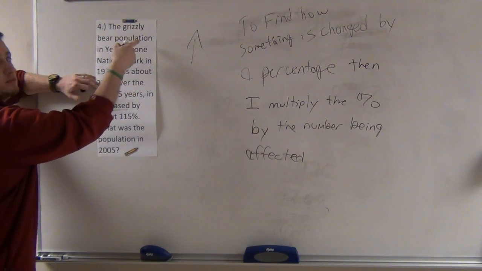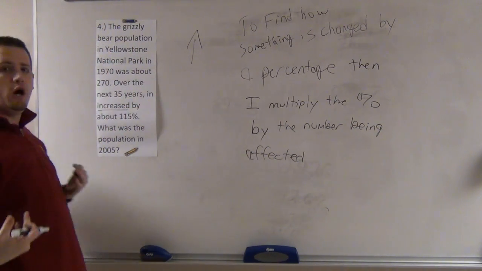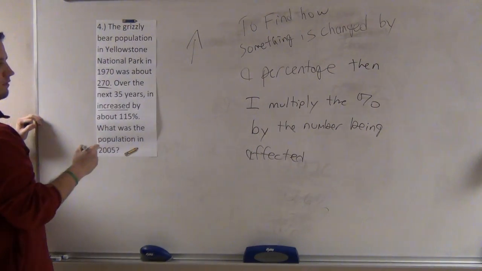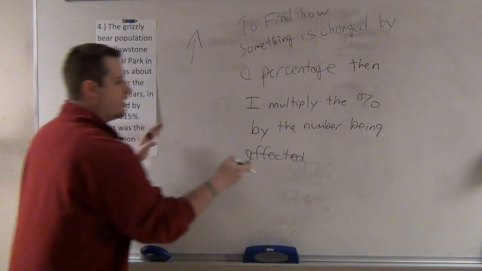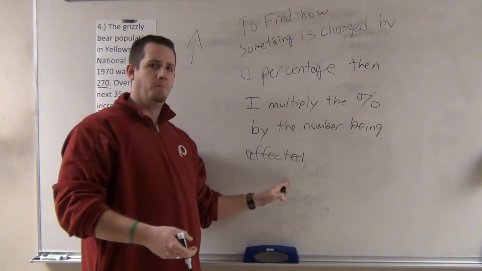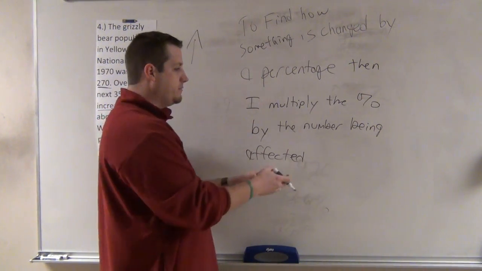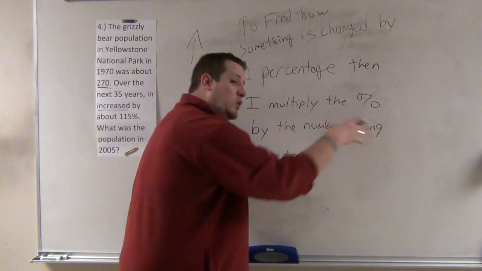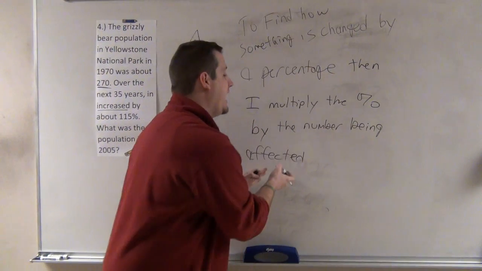The bear population. Now what number do you know represents the bear population? The only one you know is the 270, right? So the number being affected also has to be given to you. Now I'll be honest with you, sometimes it'll be directly given to you, and sometimes you'll have to do a little something to the question to find that number.